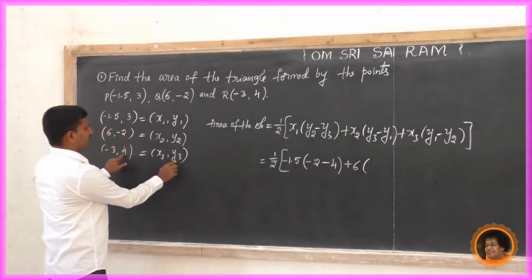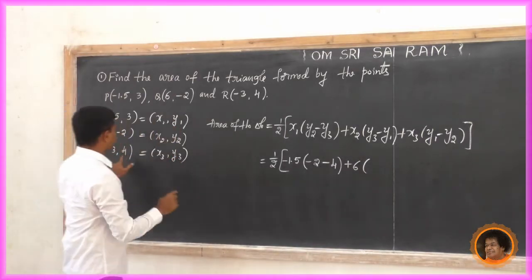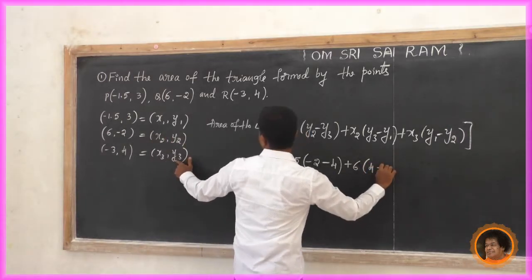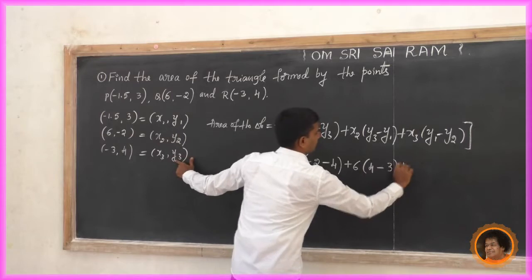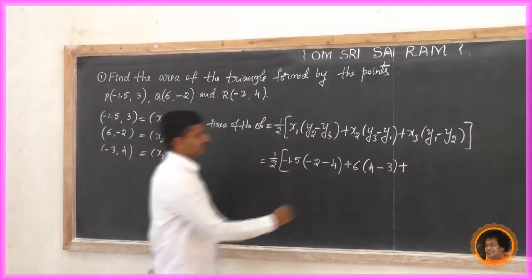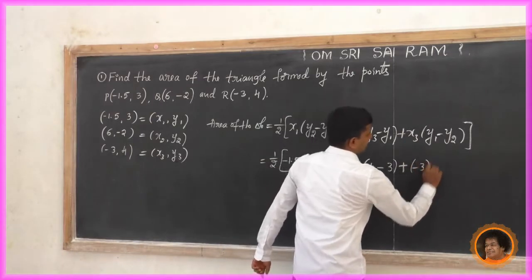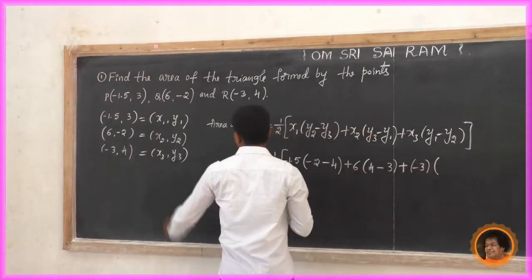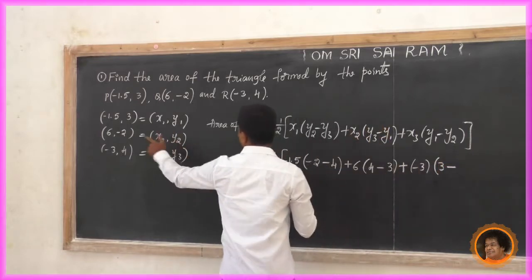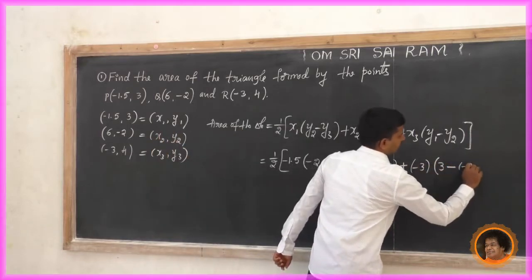Here y3 is 4 and y1 is 3, so 4 minus 3. Plus x3, whose value is -3, into y1 minus y2, that is 3 minus (-2).